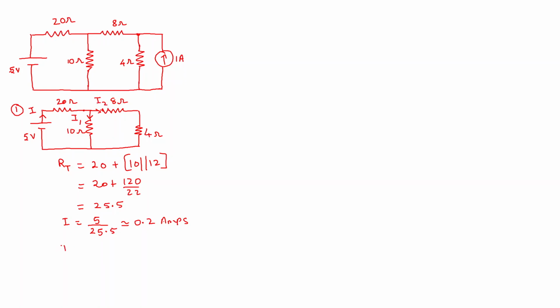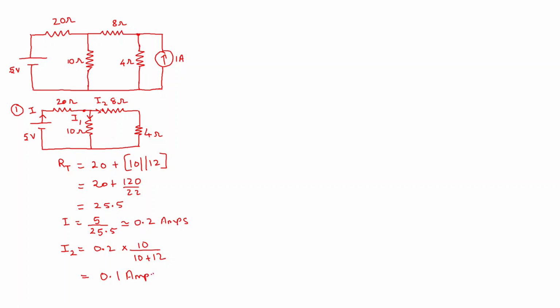The total current entering at this point is 0.2, and it gets divided into I1 and I2. To find I2, it is the total current times the opposite branch resistance, that is 10, divided by 10 plus 12, which is equal to 0.1 amps.